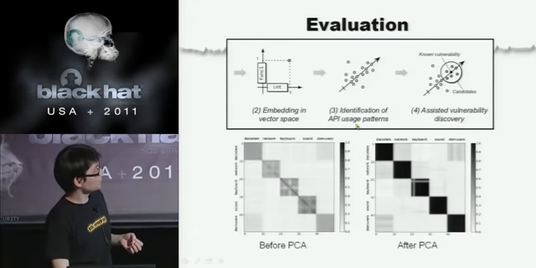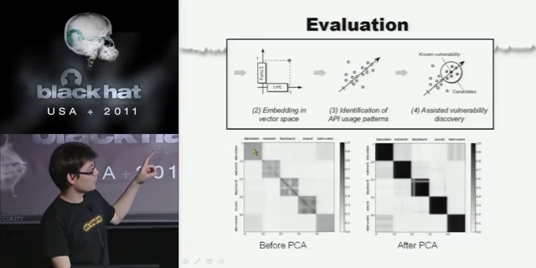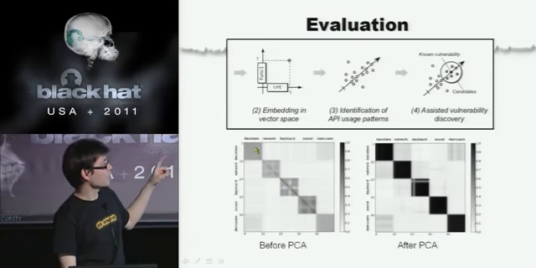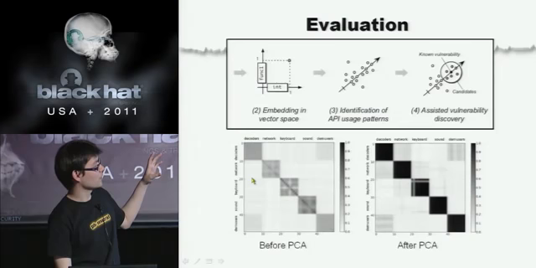And what you see in the image here, in both of these images, is each of the pixels represents a similarity between two functions. And they have been aligned in such a way that all the decoding functions are up here, all the network functions here.